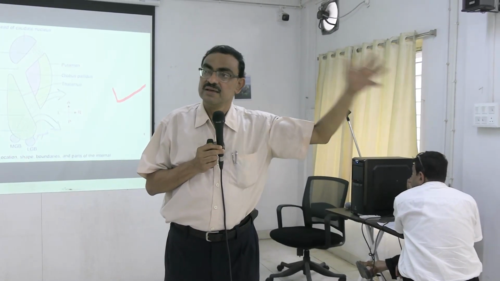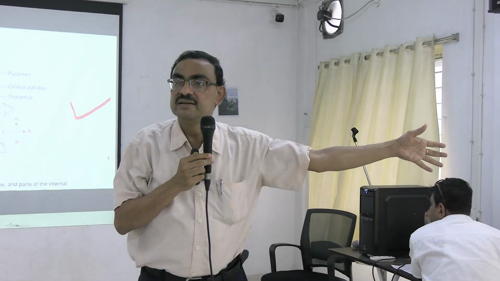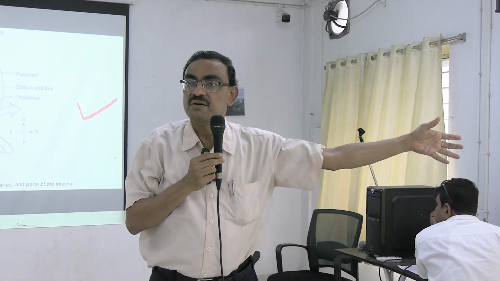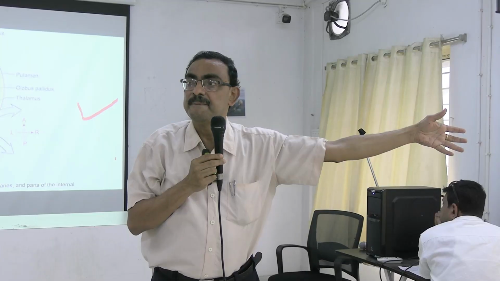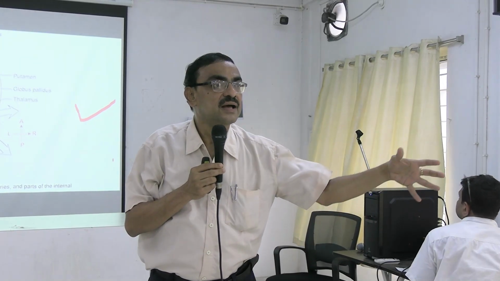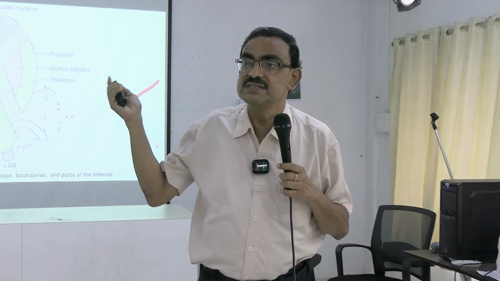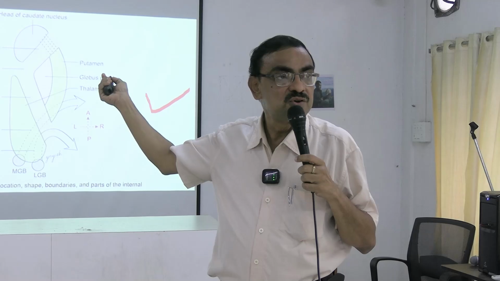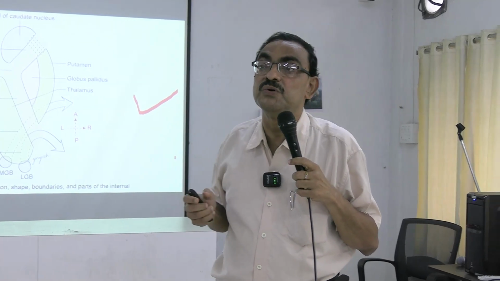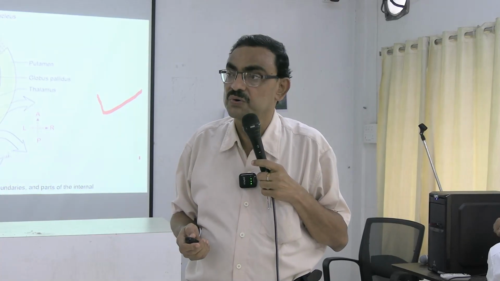Okay. If the right side is affected, then the opposite side, that means the left side upper limb and lower limb will be affected, and there will be a paralysis. Because these corticonuclear fibers are the upper motor neurons, and the peripheral nerves which are coming are the lower motor neurons.